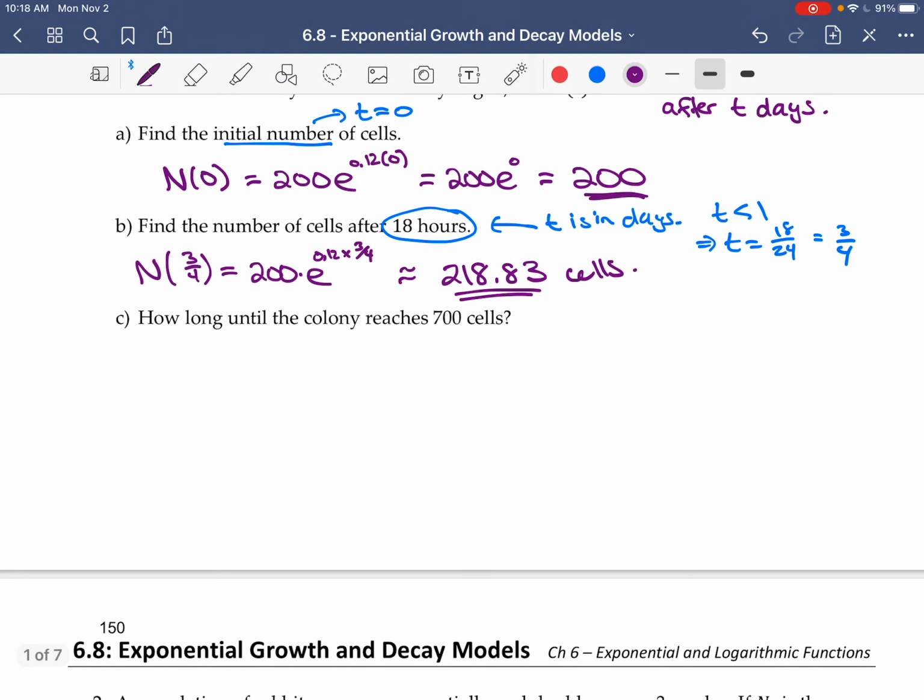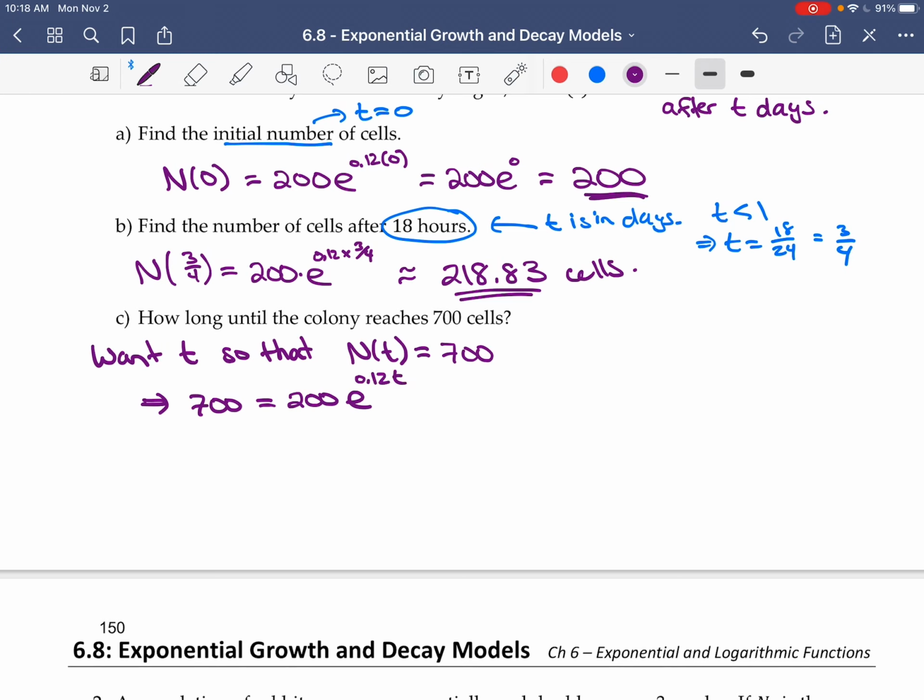What if we want to know how long it takes for the colony to reach 700? For this one, we want t so that the population n of t is equal to 700. So 700 is equal to 200 e to the 0.12 t, and we want to solve for t.